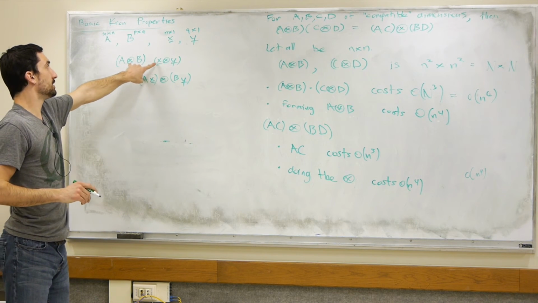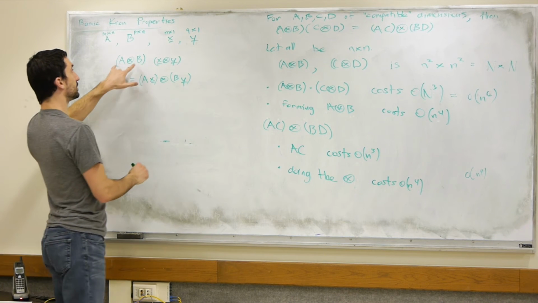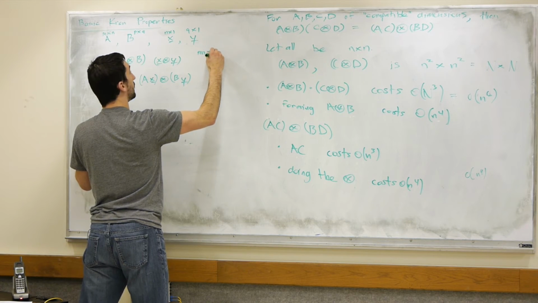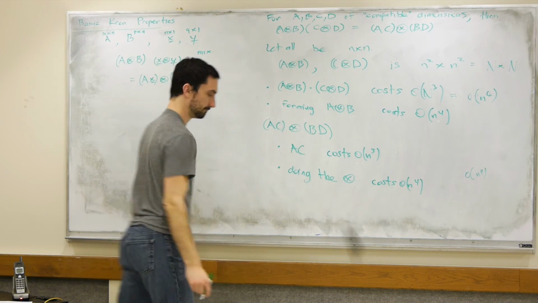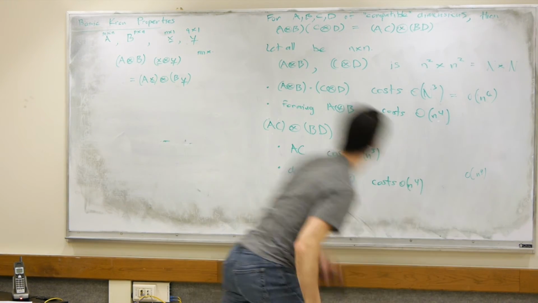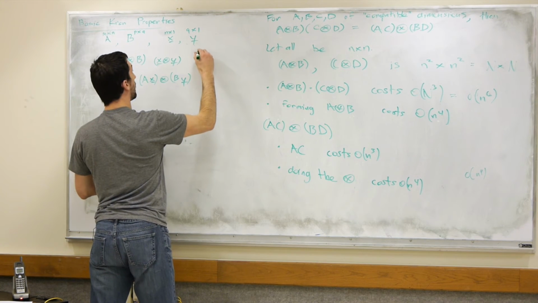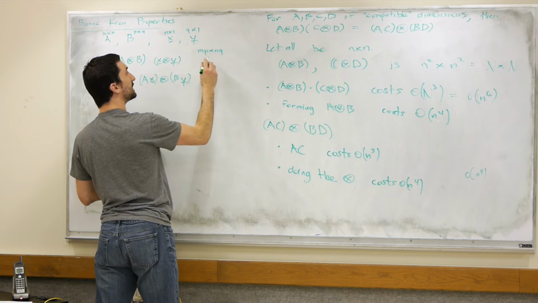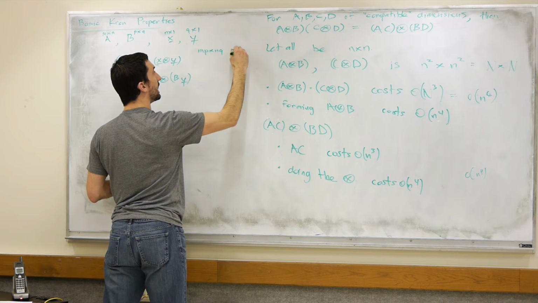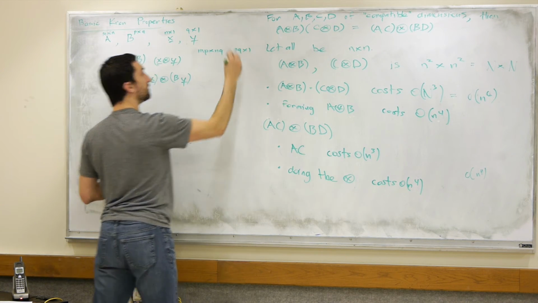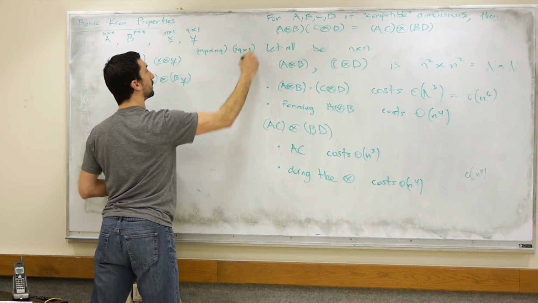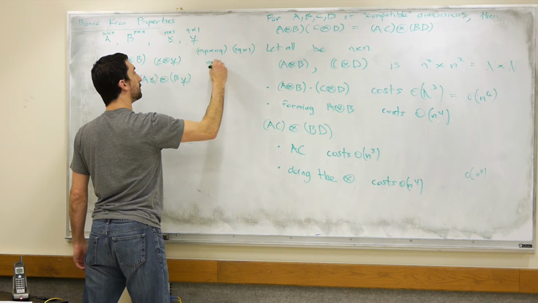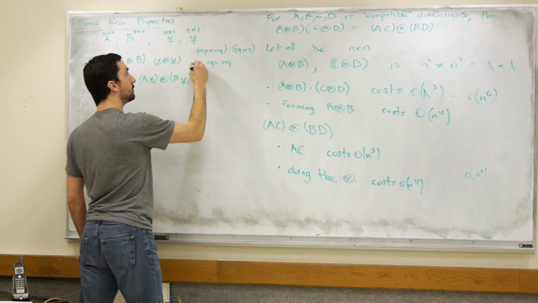The top operation is a multiplication of an mp by nq matrix times an nq by 1 vector. That costs mp times nq.